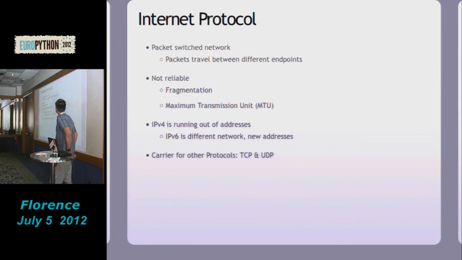So, moving on to basic sockets, covering the common ones: TCP over IP and UDP over IP. The Internet Protocol is the layer below what you usually interact with. It's basically a packet-switched network, and it can deliver packets from one endpoint to another endpoint. The order of those packets might not always be the same.